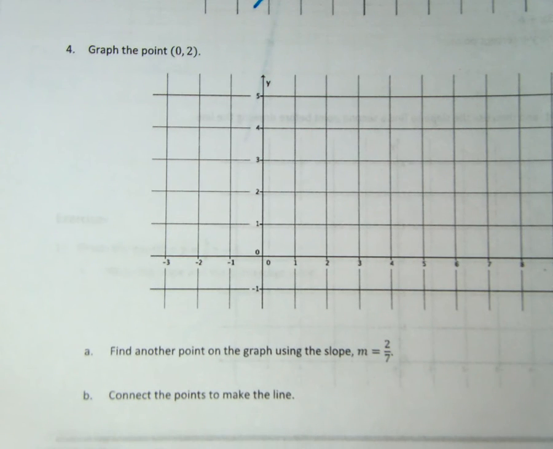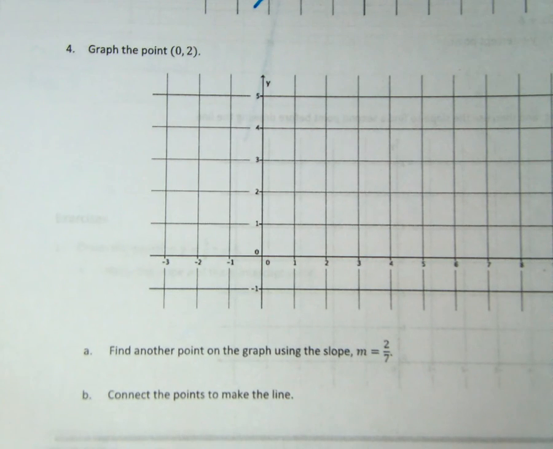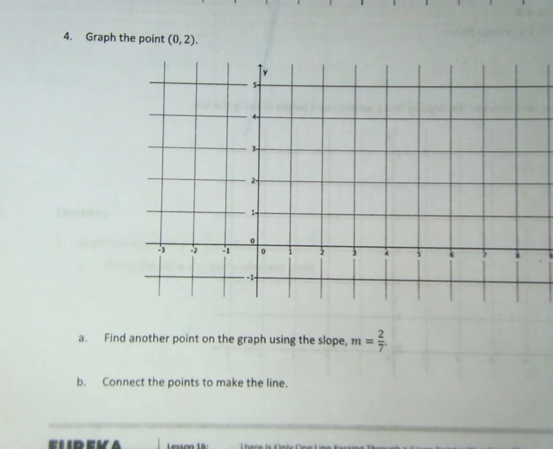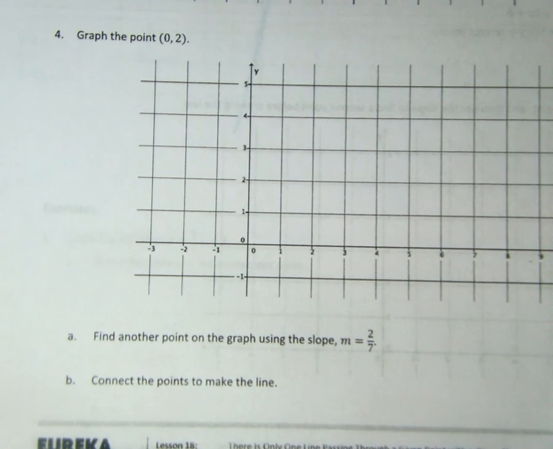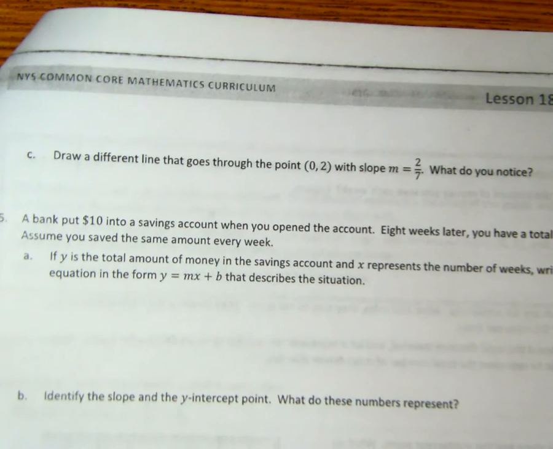Exercise 4. Look at part C. Draw a different line that goes through the point (0, 2) with the slope m equals 2 over 7. What do you notice?